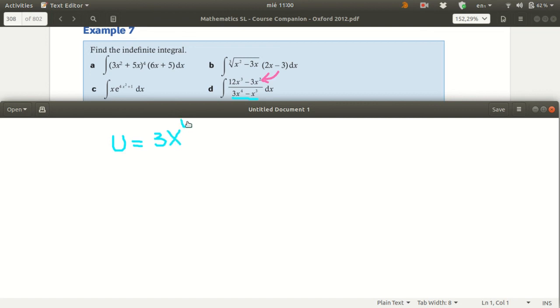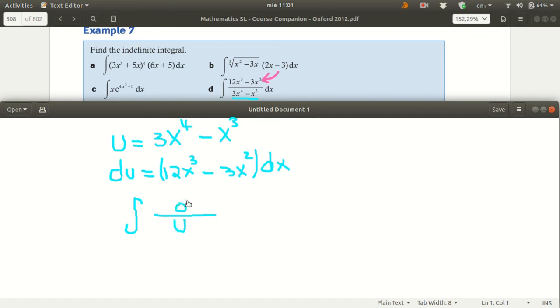And now we find the differential, and we can replace this expression into our integral now. And the integral of 1 over u is the natural logarithm of u plus a constant c. And now we can replace our expression again.